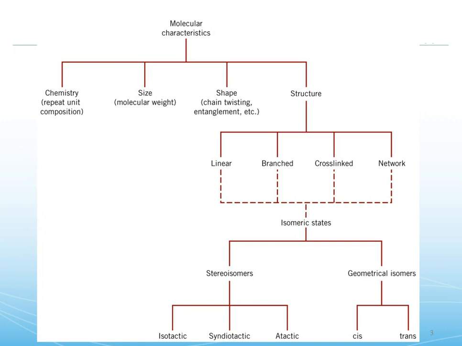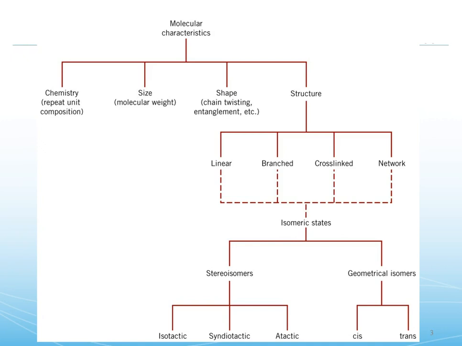This is polystyrene, nylon, Kevlar, although Kevlar's a trade name, but all of those will have a different repeat unit chemistry. Size, which is molecular weight, how long is the chain, or in the case of a network polymer thermoset, it's effectively infinite.